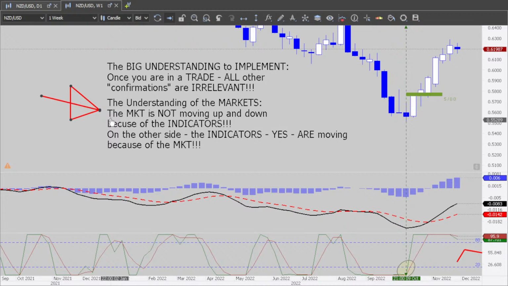This is what I'm trying to tell you. Indicators are not a guarantee for you to make money in the markets. We are using indicators just to have a quicker visual representation of what might happen. Make sense?